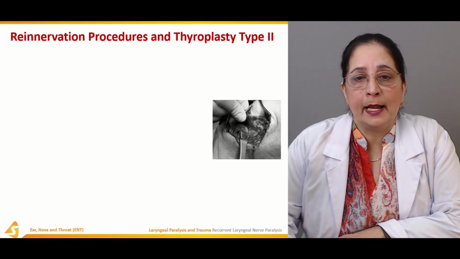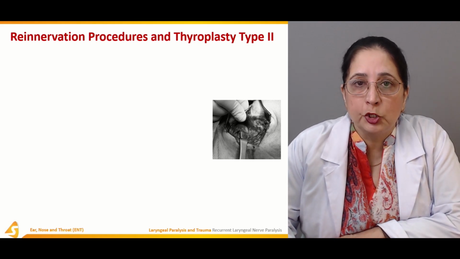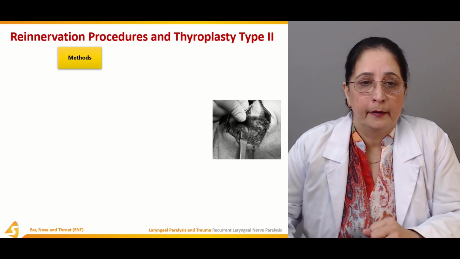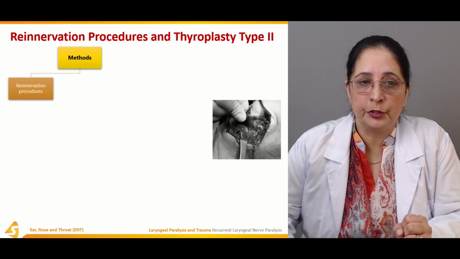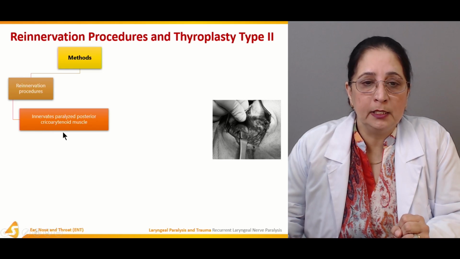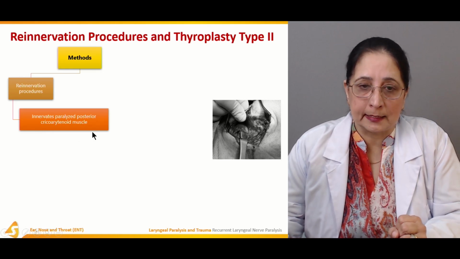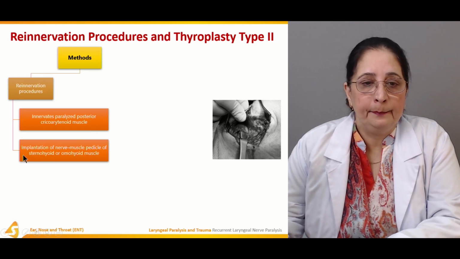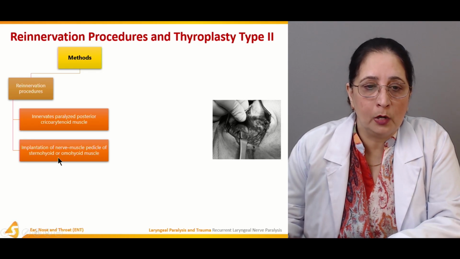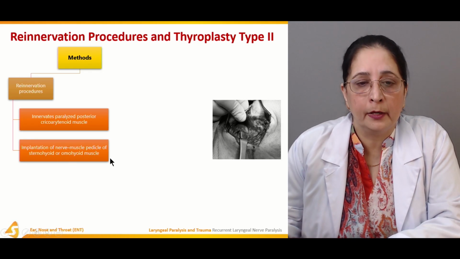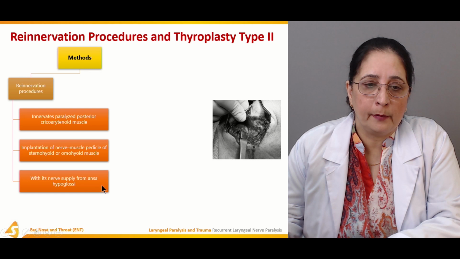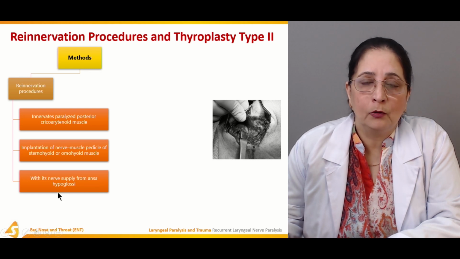Reinnervation procedure and thyroplasty type 2. Methods: the reinnervation procedure, which innervates the paralyzed posterior cricothyroid muscle, by implantation of a nerve muscle pedicle of sternohyoid or omohyoid muscle with its nerve supply from the ansa hypoglossi.